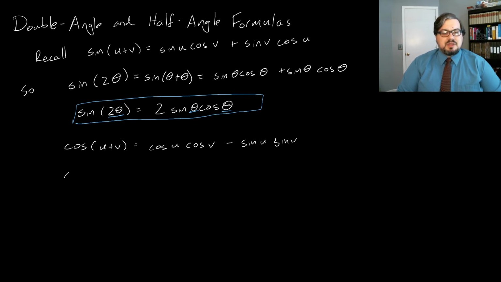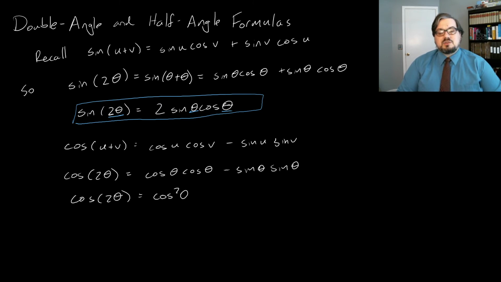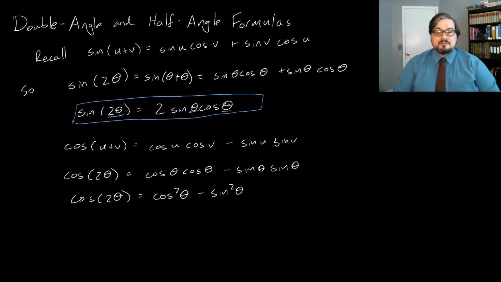And therefore, we have that cosine of 2 theta is equal to cosine of theta times cosine of theta minus sine of theta times sine of theta. Or, to simplify this down a little bit, we have that cosine of 2 theta is equal to cosine squared theta minus sine squared theta.